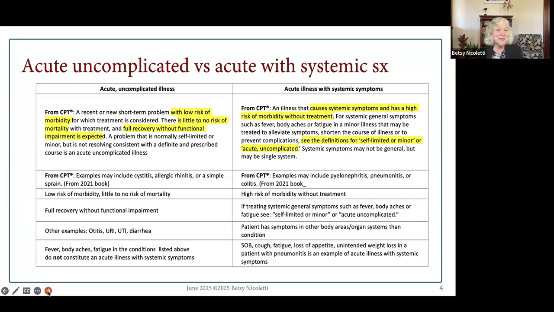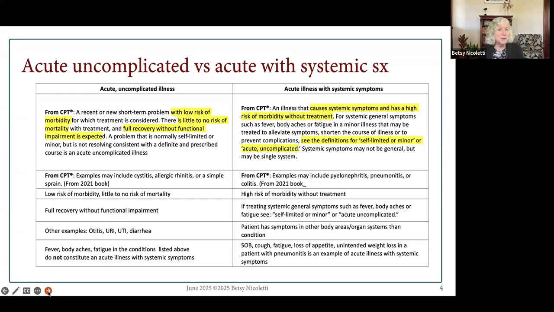And first we start with the CPT definitions, right? Always a good place to start. So an acute uncomplicated illness, a recent or short-term problem. It's got a low risk of morbidity, so complications from this condition are unlikely to be there.